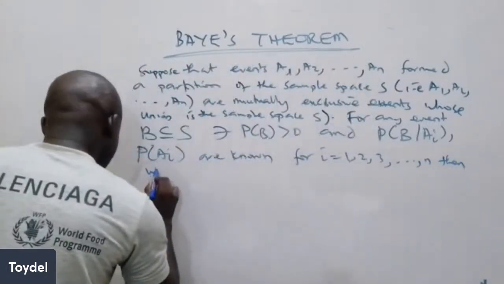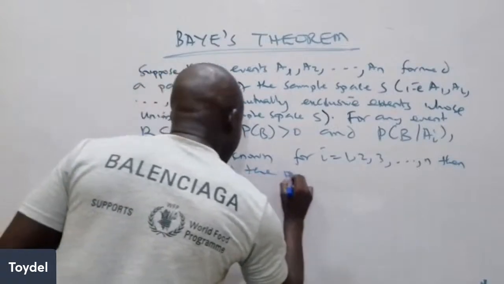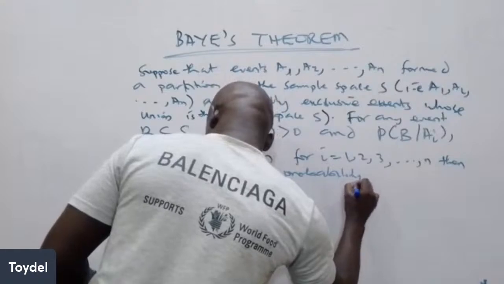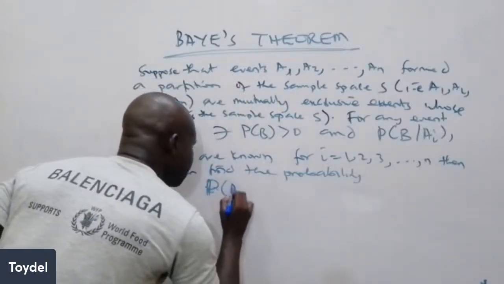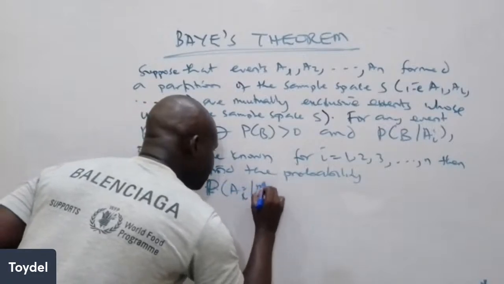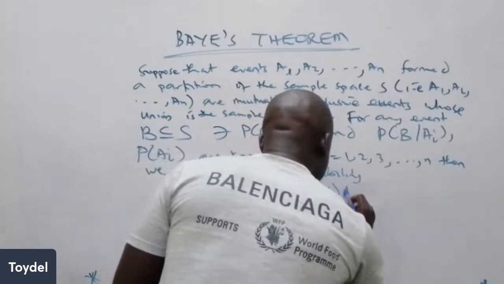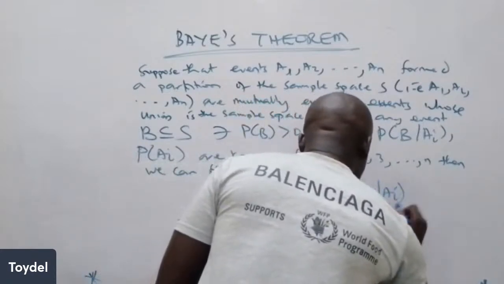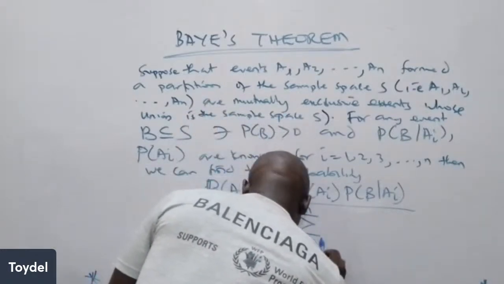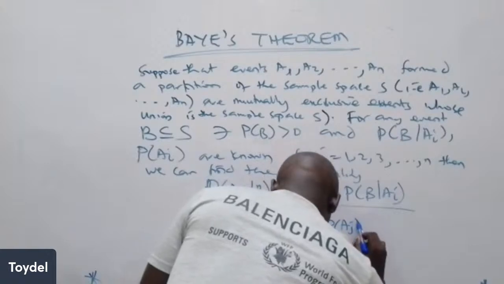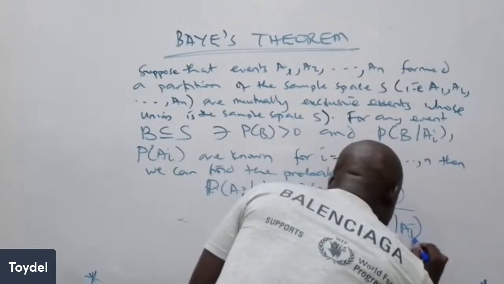Then we can find the probability of Ai given that B has occurred to be equal to the probability of Ai multiplied by the probability of B given that Ai has occurred, all over the summation from j equal to 1 of the probability of Aj multiplied by the probability of B given that Aj has occurred.